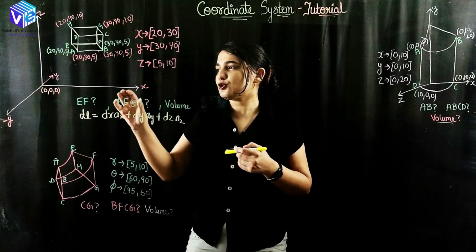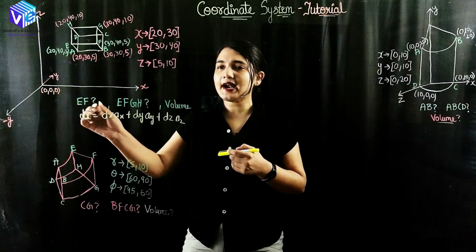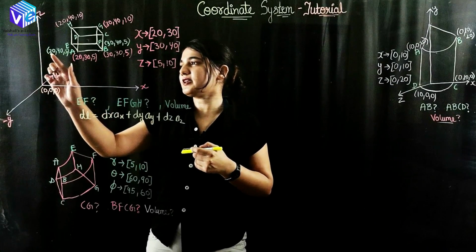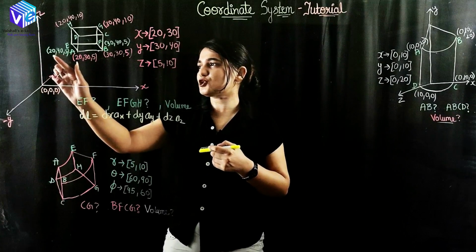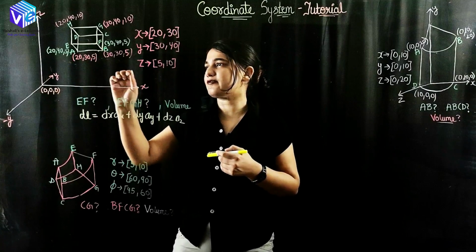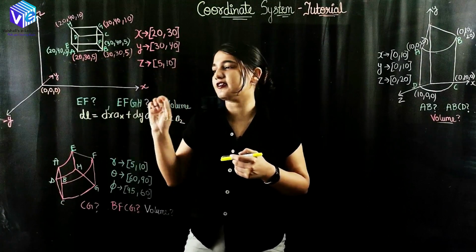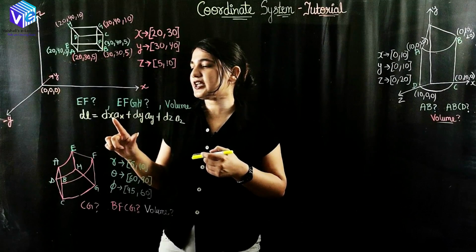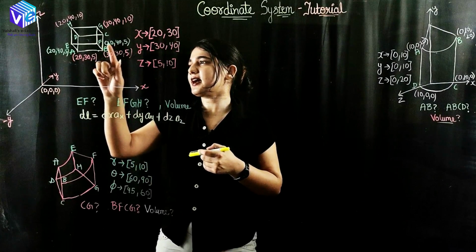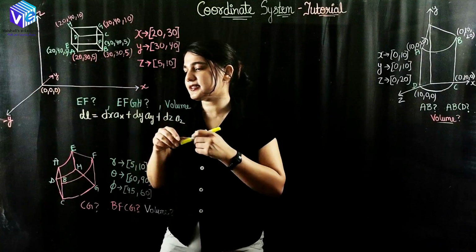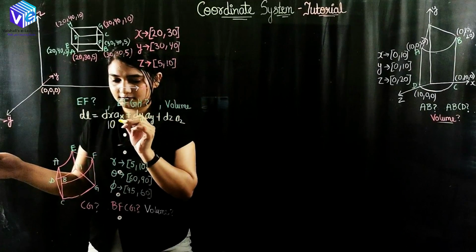So I need to look at two points E and F. What is the coordinate of E? The coordinate of E is 20, 40 and 5. What is the coordinate of F? It is 30, 40 and 5. Now I have to see the change in x. The difference in x is 30 minus 20, which is 10.